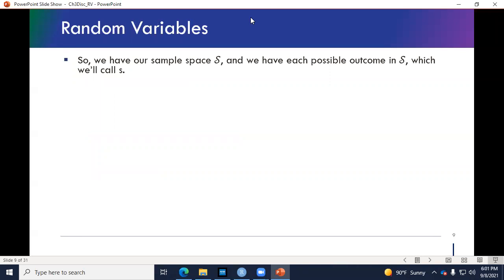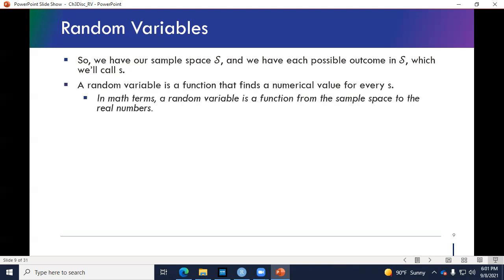Let's talk about the first concept here. We have already defined what a sample space is, and we put all possible outcomes in our sample space. A random variable is a function that finds a numerical value for every outcome in your sample space.